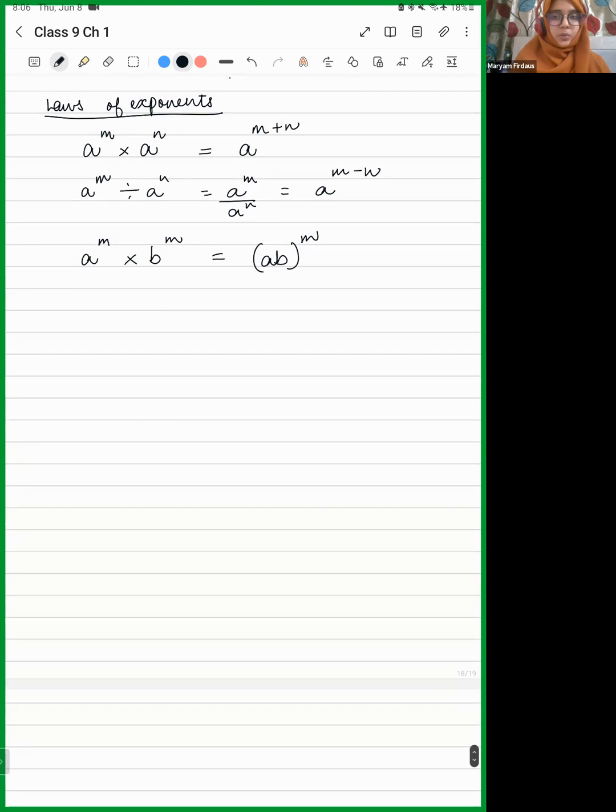Then a to the power m whole to the power n is equal to a to the power m into n.